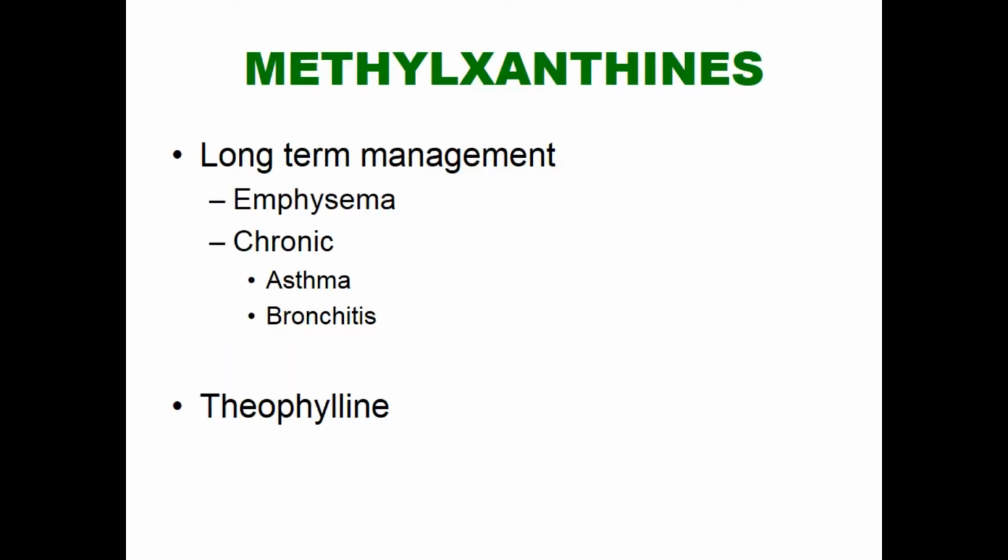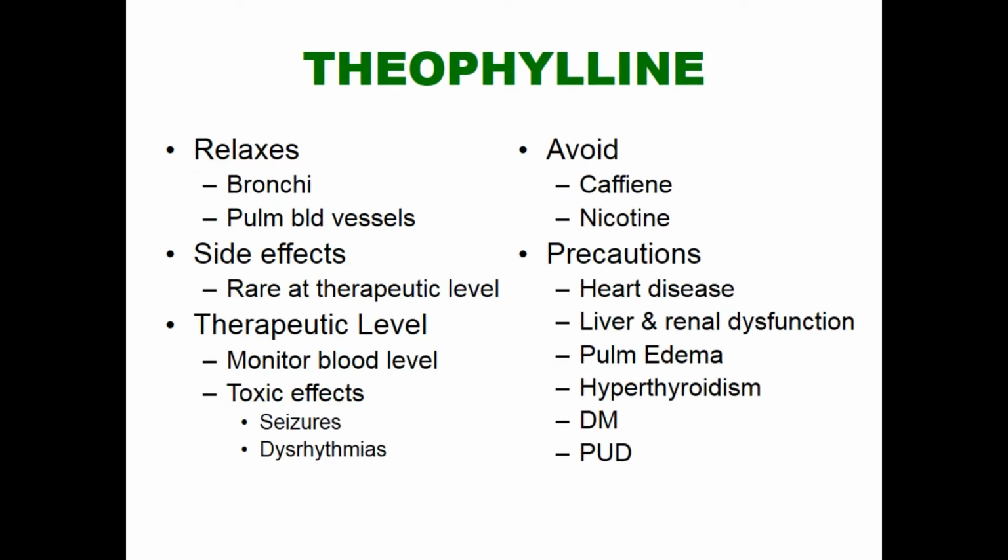Methylxanthines are long-term management of emphysema and chronic asthma and bronchitis. The example medication in this case is theophylline. Theophylline relaxes the bronchi and the pulmonary blood vessels. Side effects are rare when it's at a therapeutic level, but if it's not within that level, it can cause toxic effects such as seizures or dysrhythmia.